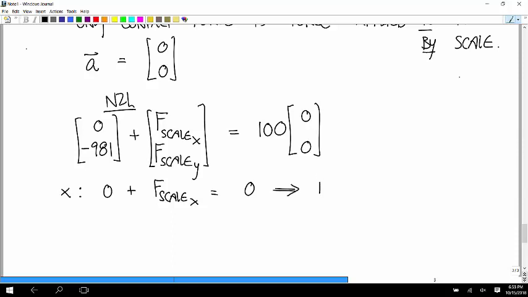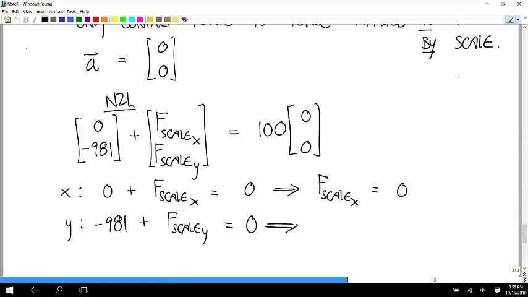So F scale X is equal to 0. Then the y component equation says negative 981 plus F scale Y is equal to 100 times 0. And so F scale Y is positive 981 newtons.